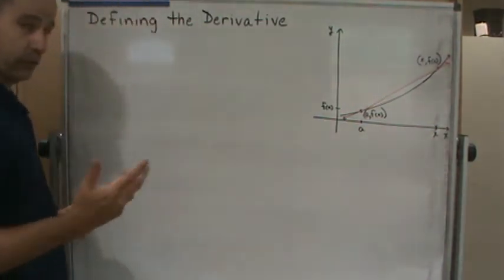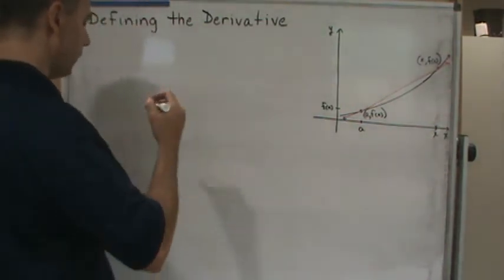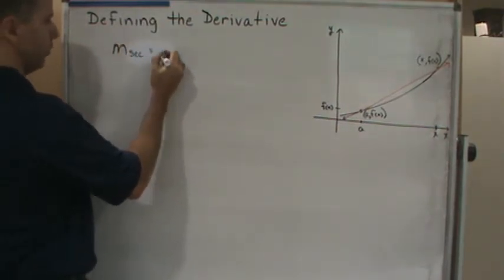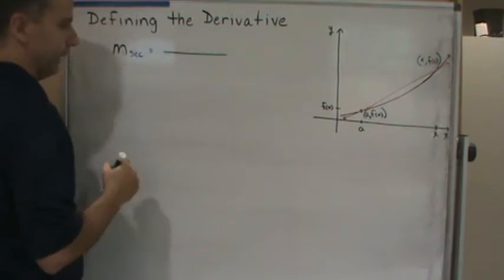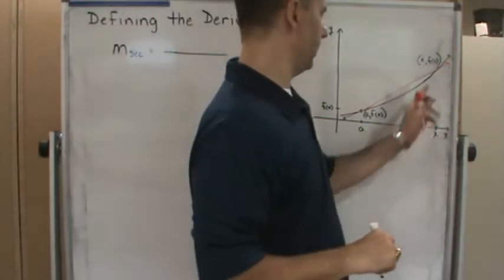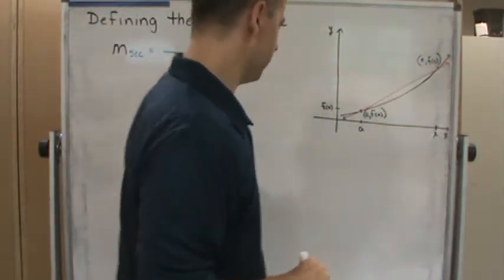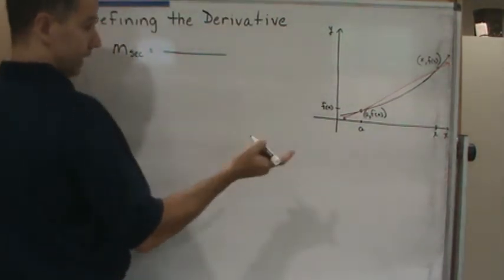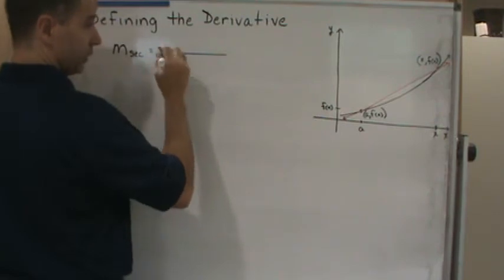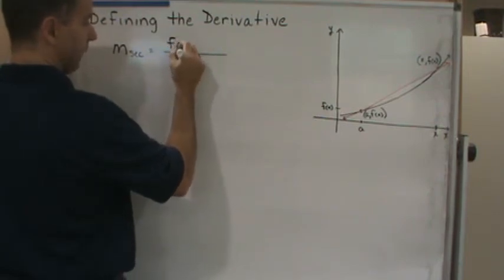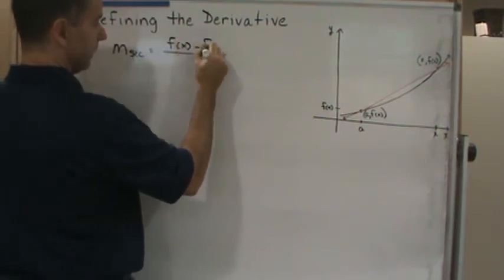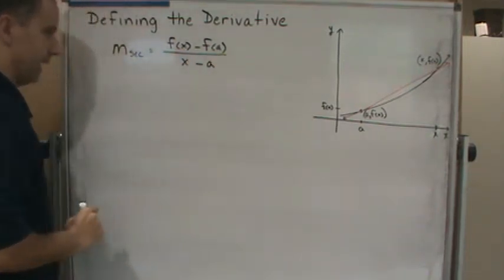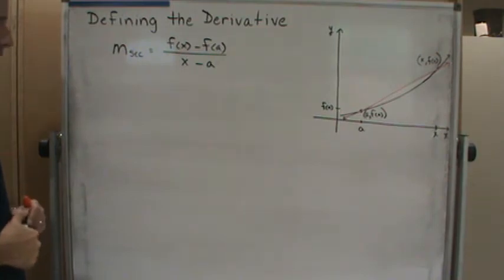If you remember, the slope of the secant line was given by this formula: the difference in the y's divided by the difference in the x coordinates. So in this case it's f of x minus f of a over x minus a. Okay, so that's the slope.